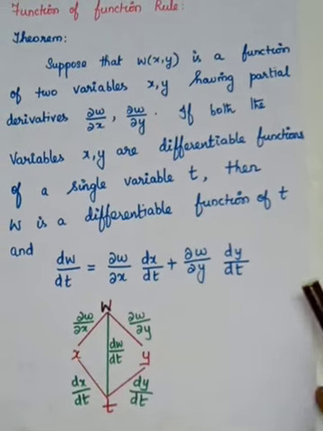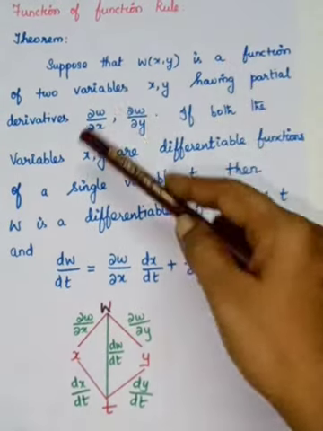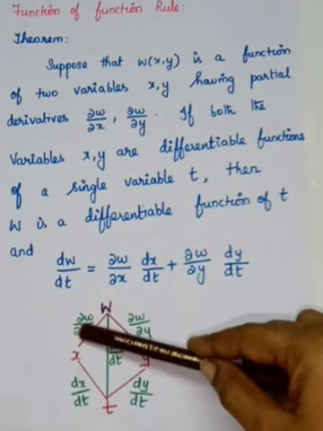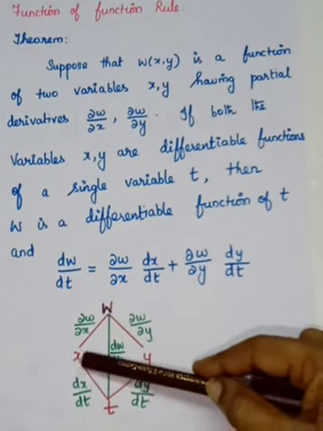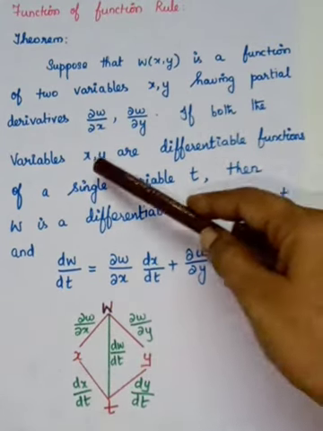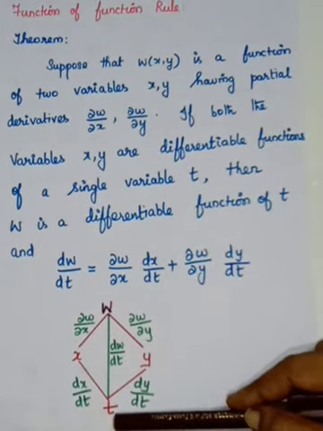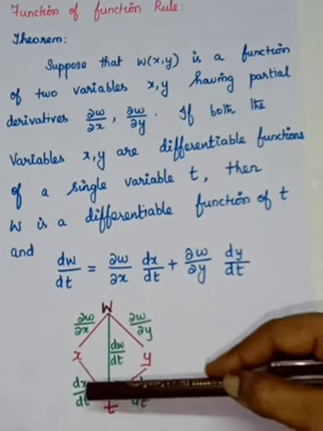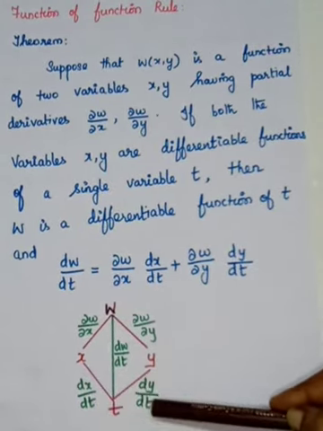See, I'll read the theorem again. W is a function of two variables x and y having the partial derivatives dou w by dou x and dou w by dou y. And if both the variables x and y are differentiable functions of a single variable t, that means we can write dx by dt and dy by dt.